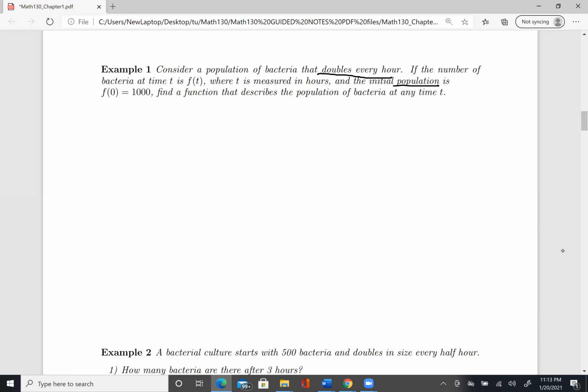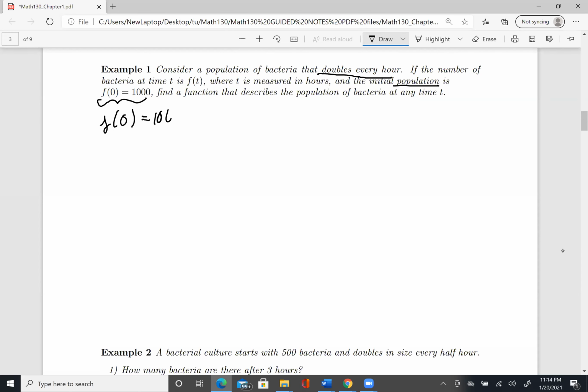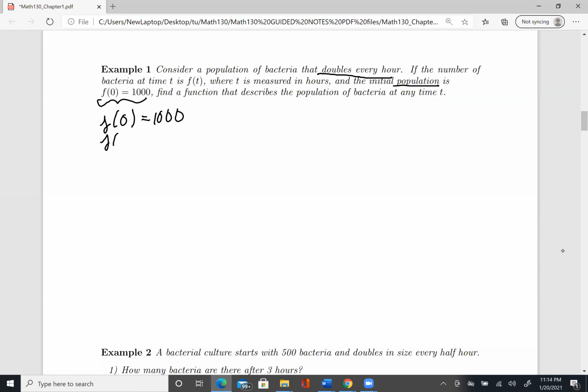So since it doubles every hour, for f of 0 we should have f(0) equal to 1000, right? What about f of 1? We're going to double it, right?